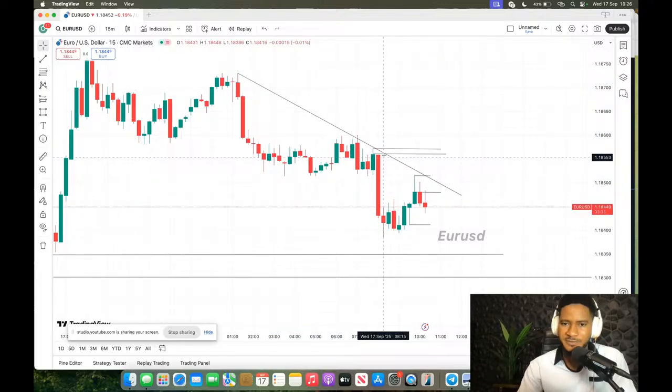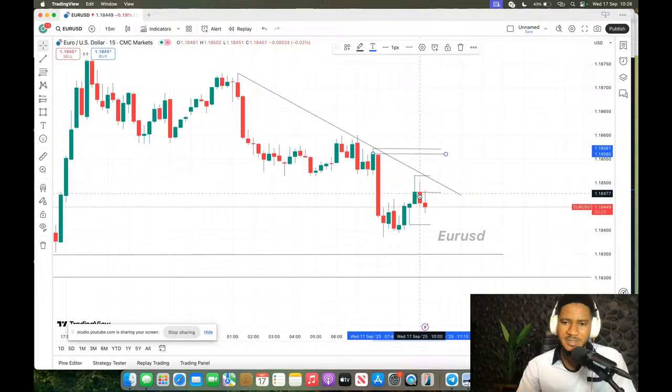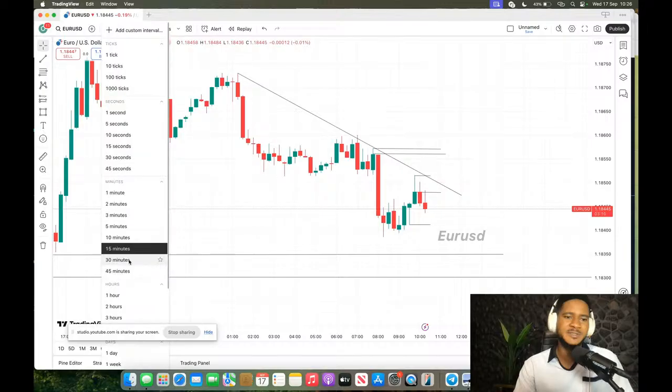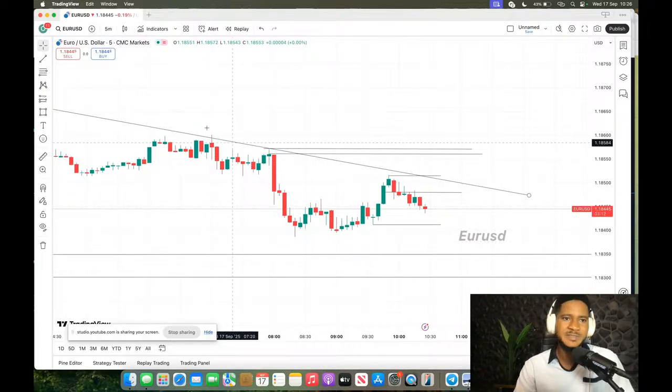If you see the behavior of the candlestick, the green and the red, where the body stopped, that is exactly what happened. It picked it up and came down. That's why I always check different time frames, because what you're seeing on 5 minutes would possibly be different from what you're seeing on 1 minute.